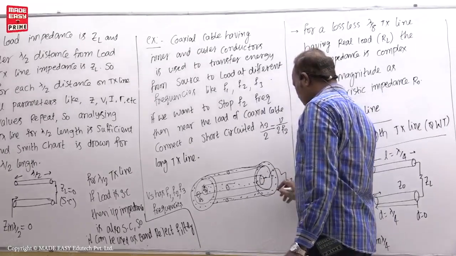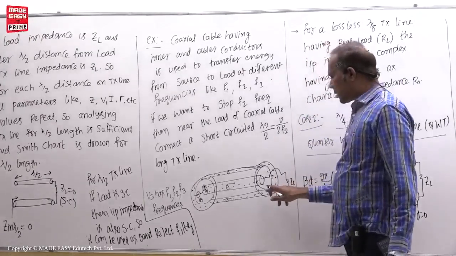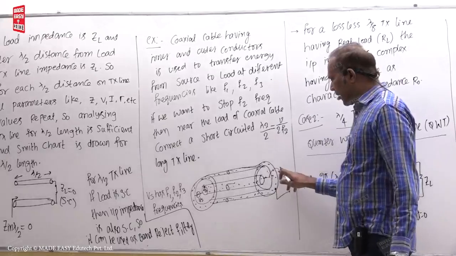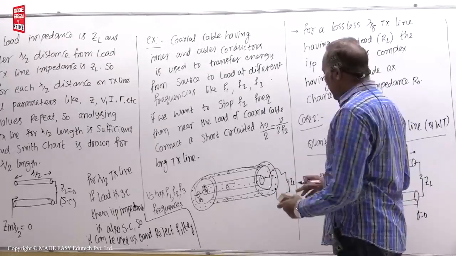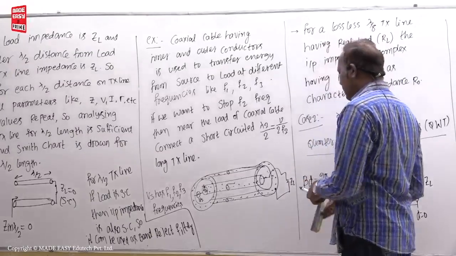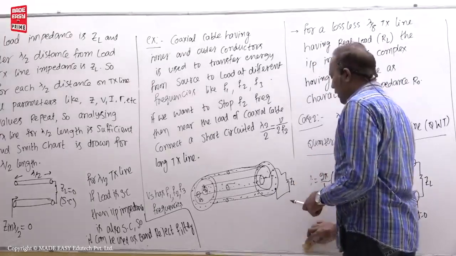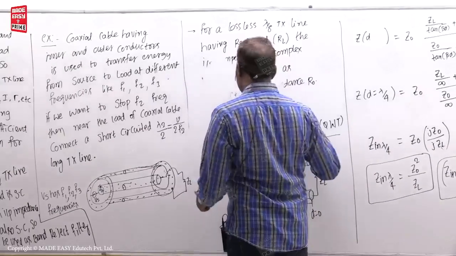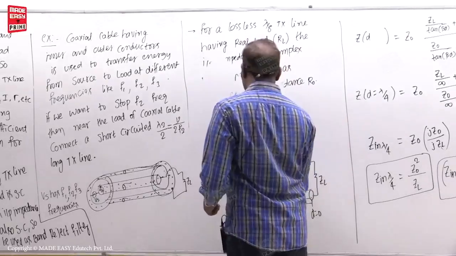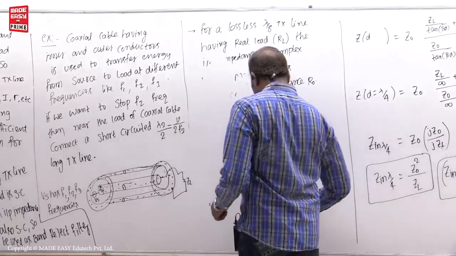ZL is connected from the inner conductor to the outer conductor. Now at the load, which frequencies come? If F1 is the input, F1 comes. If F2 is the input, then F2 comes at the output also. If the F3 frequency is at the input side, then at the load F3 comes.